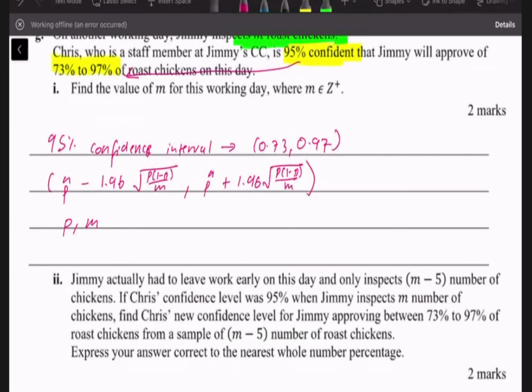The probability is really easy to find, because if you look at this confidence interval, the lower limit is subtracting the same thing as we would add to the higher limit. So just by realizing that, you can tell that p hat is going to be the middle value of these two. So p hat is going to be 0.73 plus 0.97 divided by 2, which is 0.85.